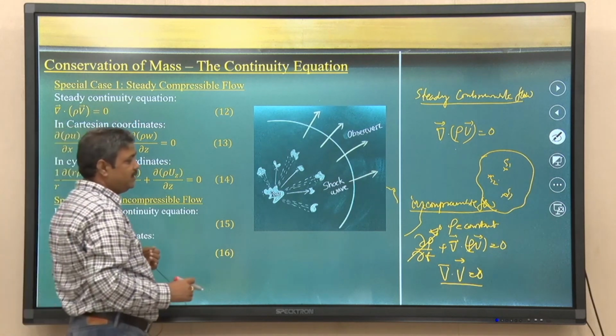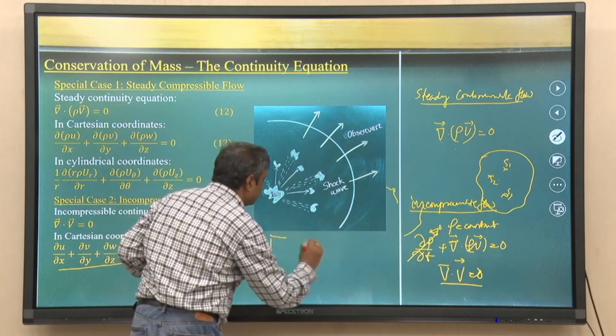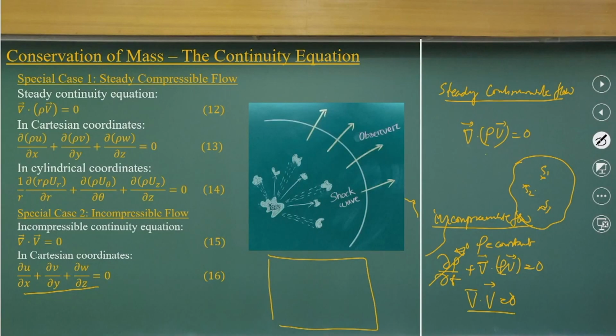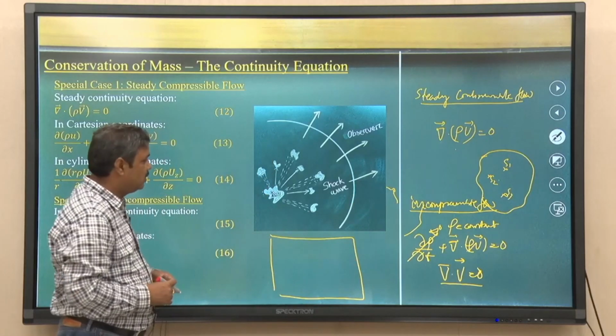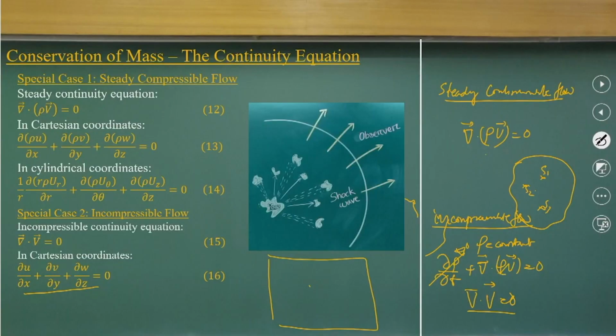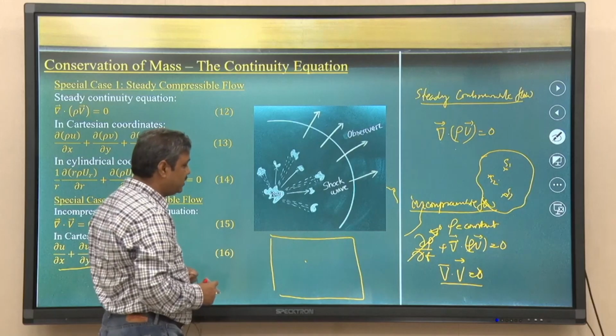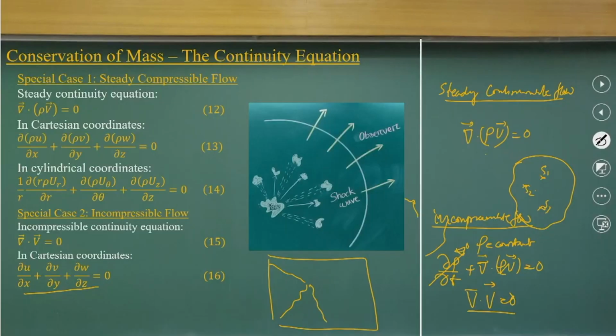Whether steady or unsteady does not matter. If it is an incompressible flow, that means if there is any change in the velocity field, it will propagate instantly throughout the domain. I am just repeating it.